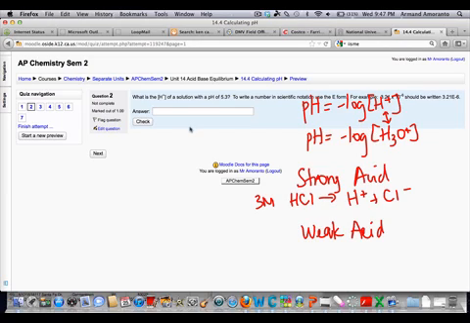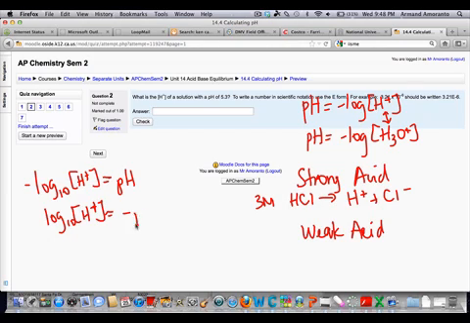This requires knowledge of logarithms, and of course I know you know logarithms. If I wanted to solve this one, all I need to do is remind myself that log is log base 10. Log base 10 of the H+ concentration is equal to negative pH, and I'm trying to find the H+, so I need to move the negative first. Log base 10 of H+ is then going to equal the negative pH.